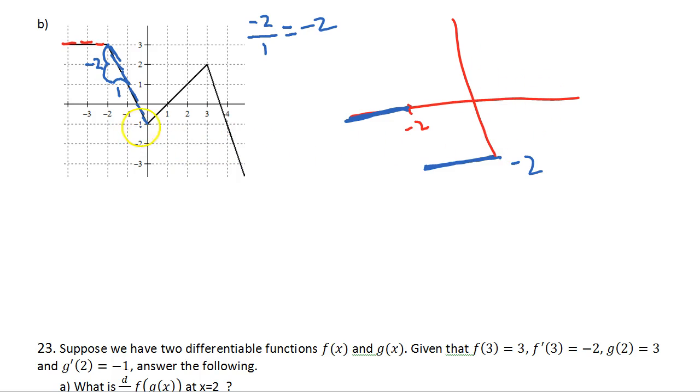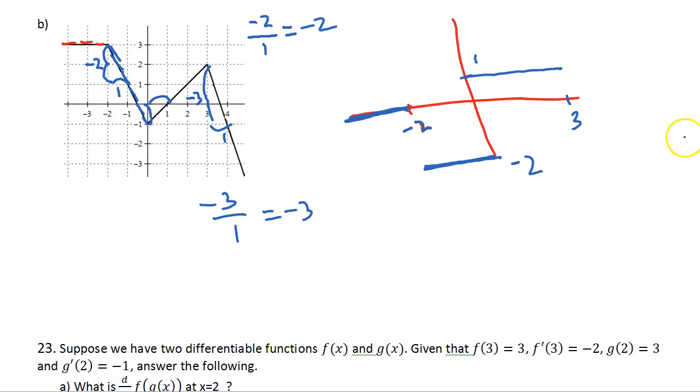All right, what about 1 to 3? Here, if you do rise over run, rise is 1, run is 1, so it's 1 over 1. So the slope of this portion is 1, and it's not changing. And then afterwards, the rise is -3 and run is 1, so -3 over 1 is -3.